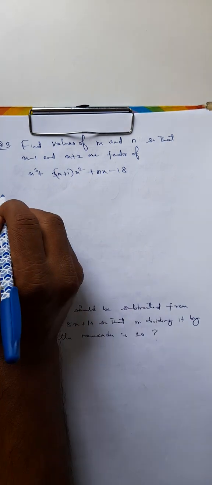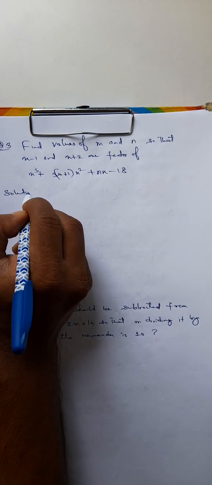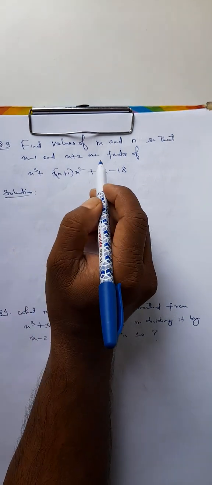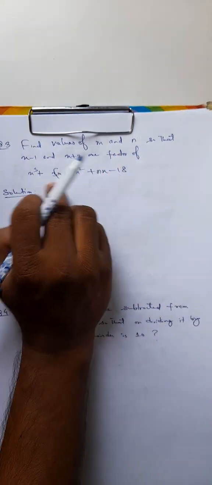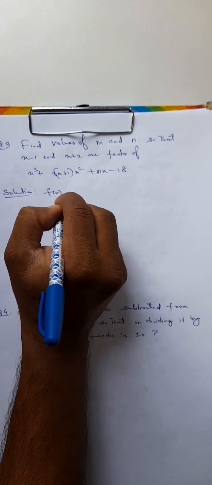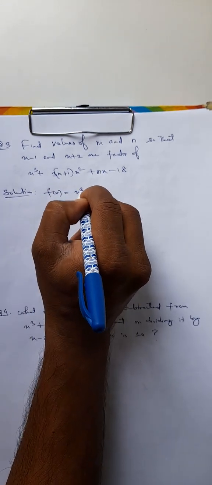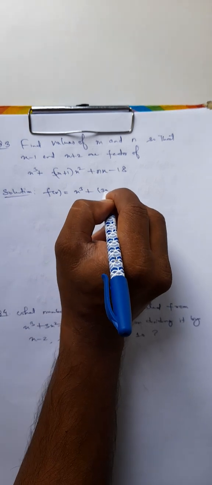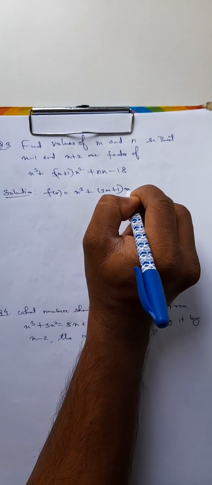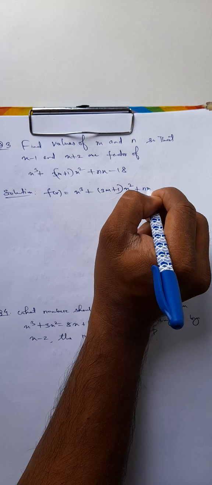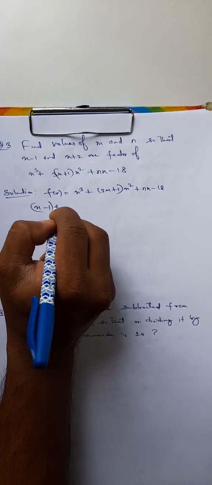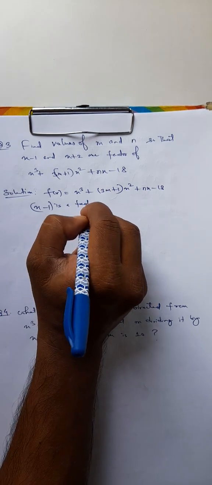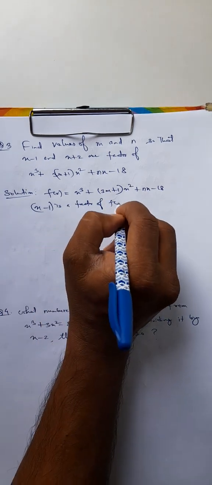Now let's solve another question. Find values of m and n so that x minus 1 and x plus 2 are factors of this polynomial. Here f(x) is a polynomial in x: x cube plus (3m plus 1) into x square plus nx minus 18. x minus 1 is a factor of f(x).